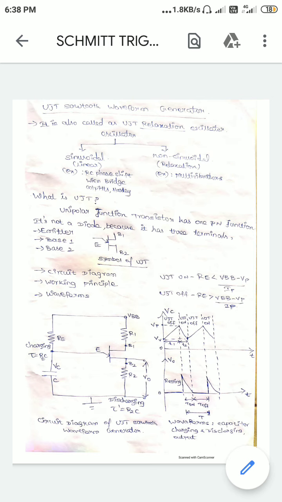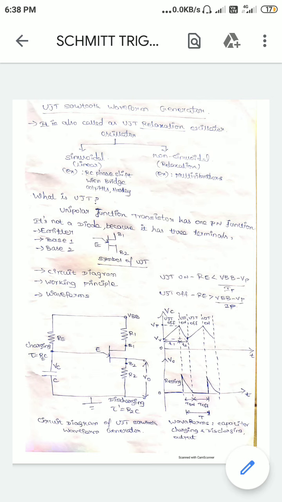So this continues: during the charging cycle the UJT is off and the capacitor voltage increases from valley voltage to peak voltage, and during the discharging cycle the UJT is in the on condition and the capacitor voltage decreases from peak voltage to valley voltage.